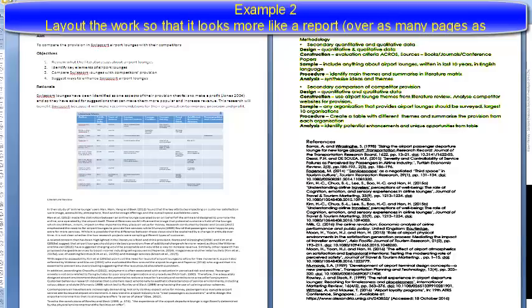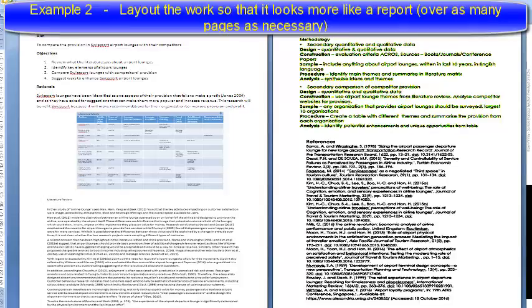The second example is in more of a report format with an aim, objectives, rationale, literature matrix and references, literature review and methodology. We don't mind how you present your work as long as you include the sections requested.